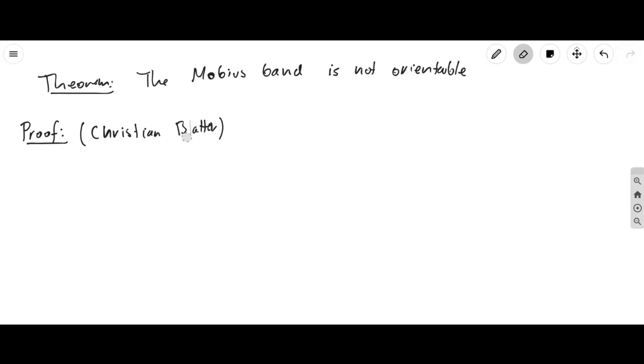So the first thing that we need to do is define the Mobius band before we do anything. There are different ways you can define it. We're going to do it in the following way. Let X be the space R times (-1, 1).